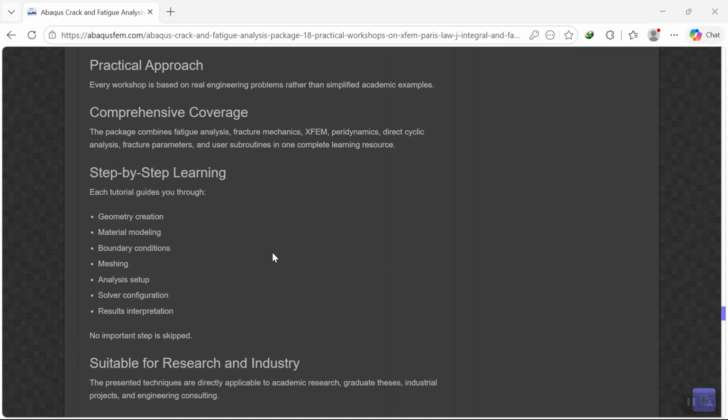Whether you are preparing your thesis, conducting research, solving industrial problems, or improving your professional skills, these tutorials provide practical knowledge that you can immediately apply to your own projects.